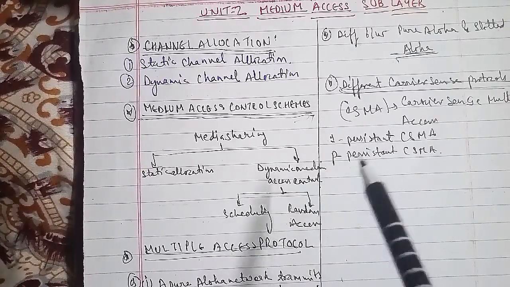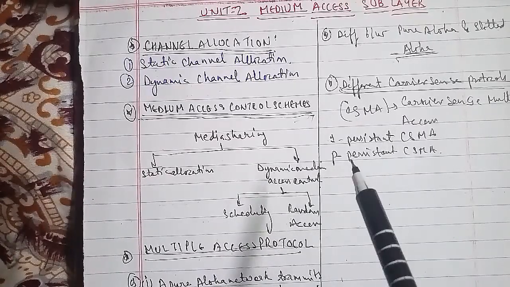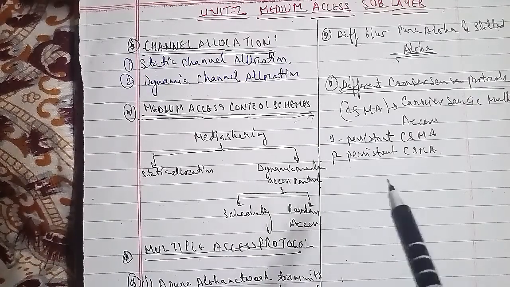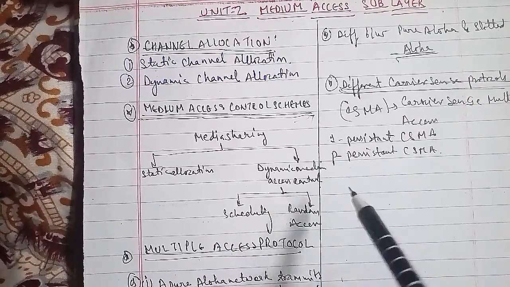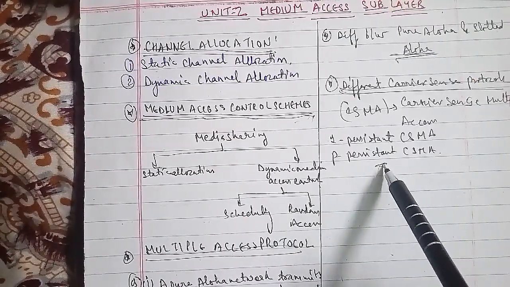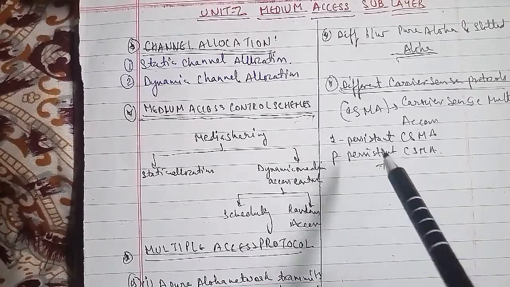Now we'll discuss the carrier sense protocols that are different from the collision protocols. In CSMA schemes, collisions involve the entire frame's transmission, and if the stations can determine whether a collision is taking place, then the wasted bandwidth can be reduced by aborting the transmission when the collision is detected.